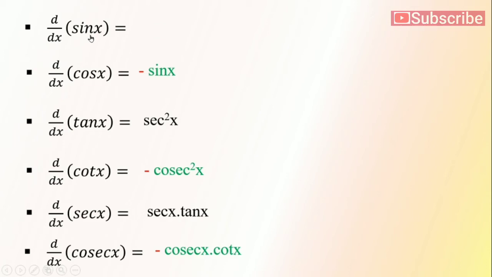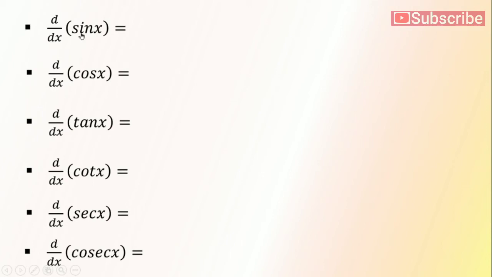Let us check again. Okay. d by dx of sin x is cos x, and d by dx of cos x is minus sin x, d by dx of tan x is sec square x, d by dx of cot x. Here the minus sign is there. Where there is a c, you see c, minus cosec square x.